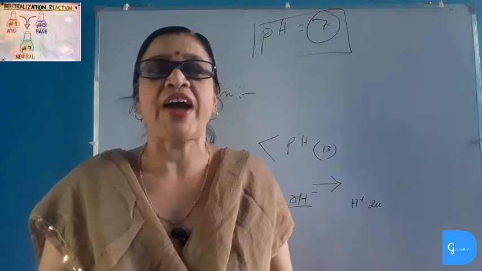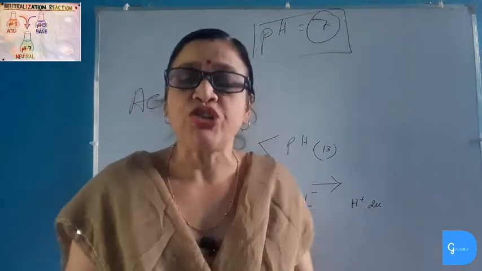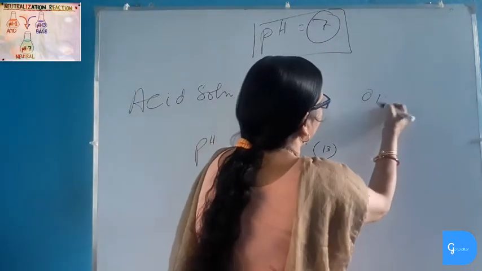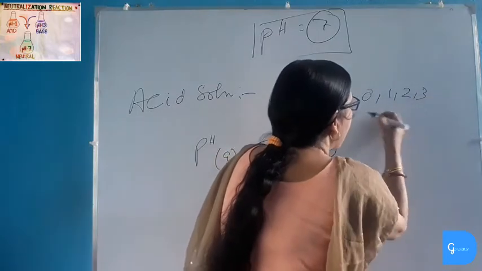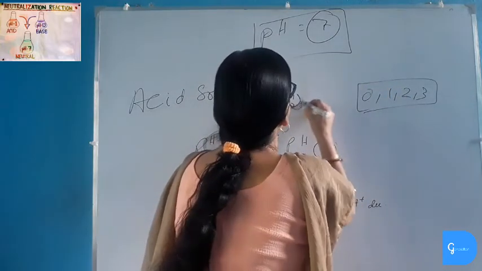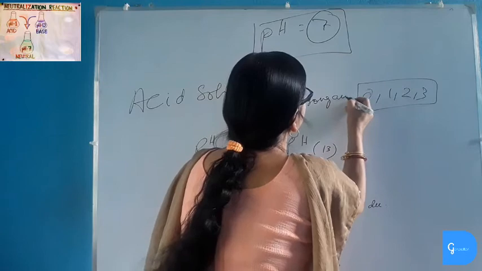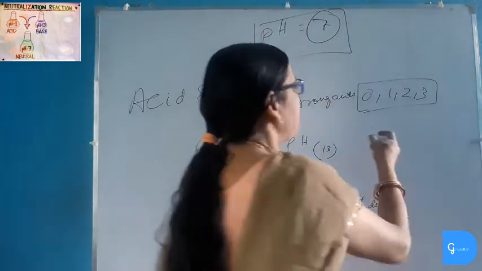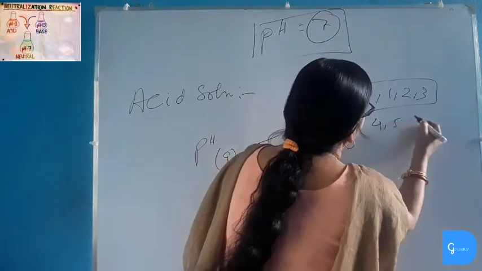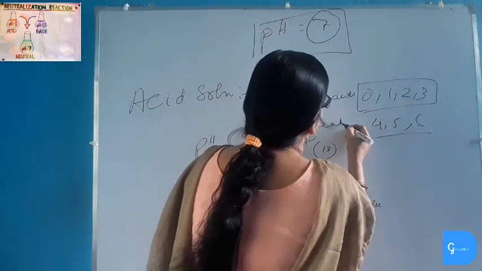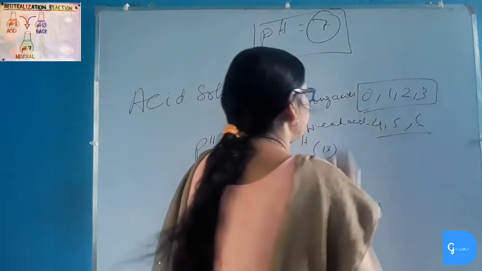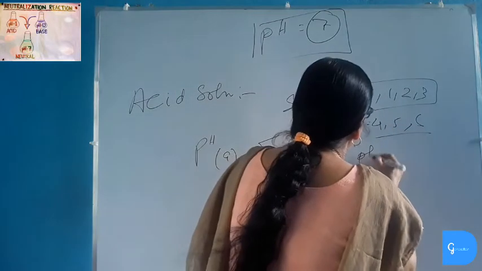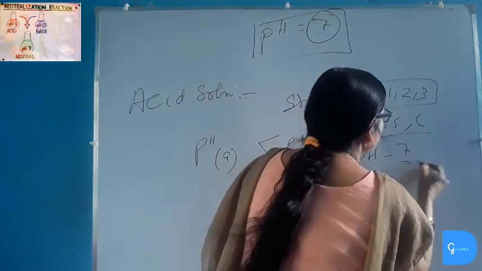Regarding all this fact, it is clear that the solutions having pH value 0, 1, 2, 3 are strong acids, and the solutions having pH value 4, 5, 6 are weak acids, and the solution having pH value 7 is neutral.